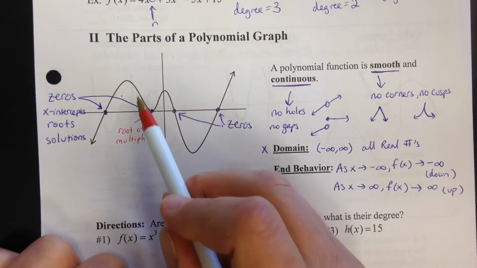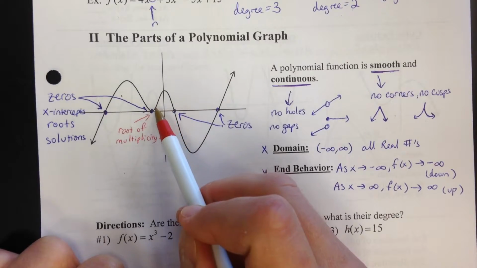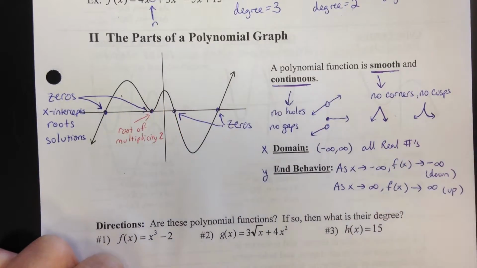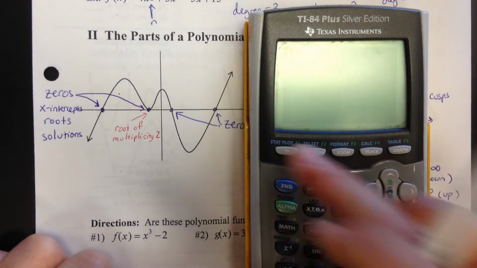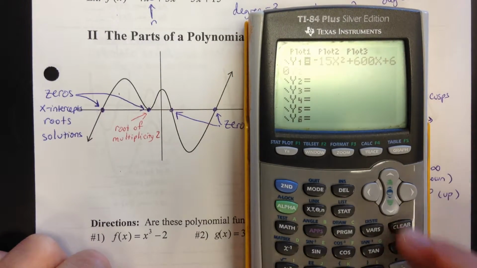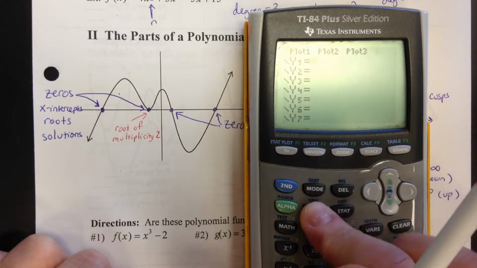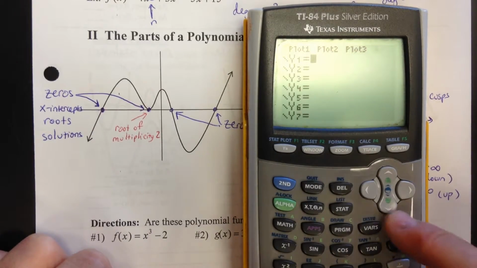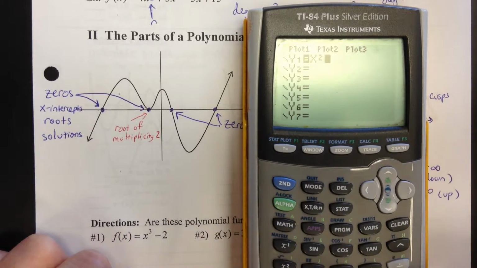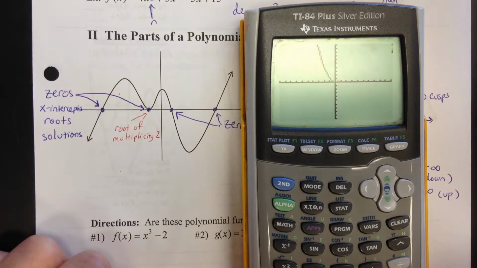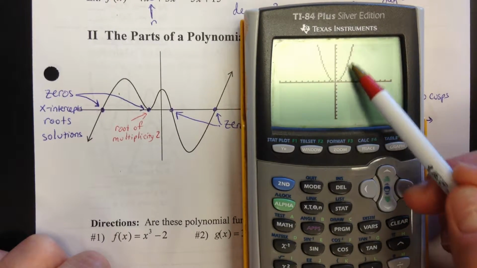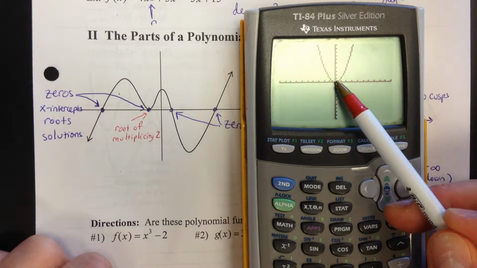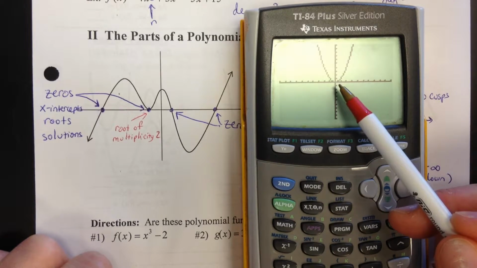What happens is that it's a root twice. Think of a parabola. When you have, for example, y equals x squared, and we graph that, notice that what it does is it hits the x-axis, but it bounces back. So what happens is you have the same answer twice.